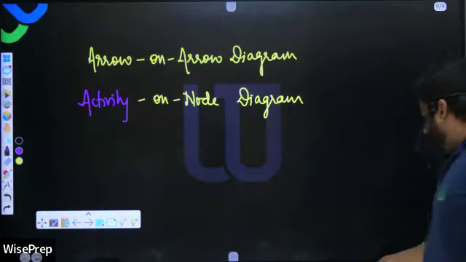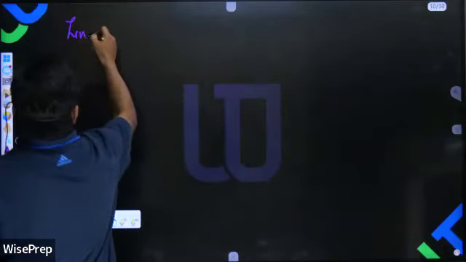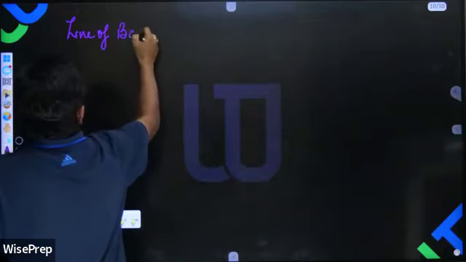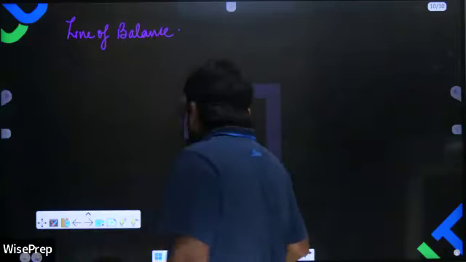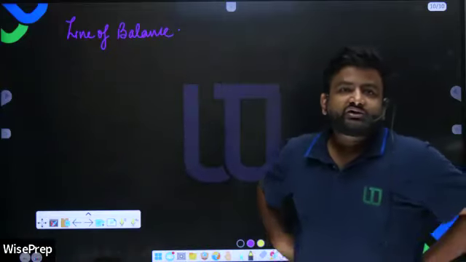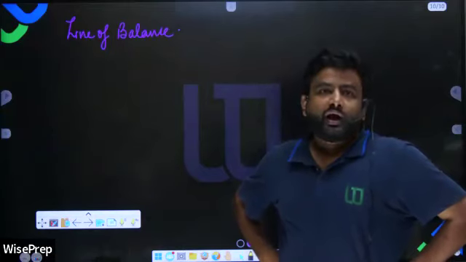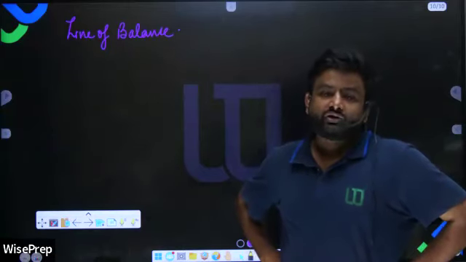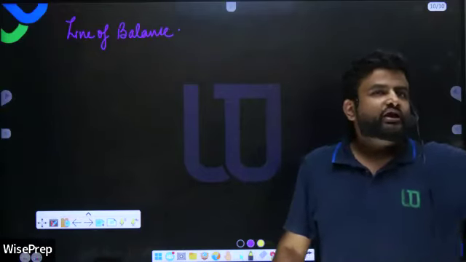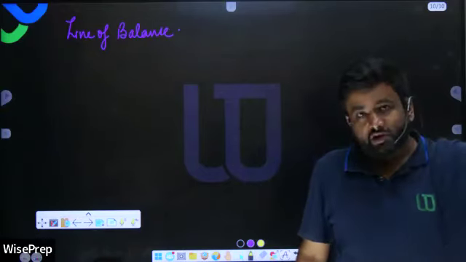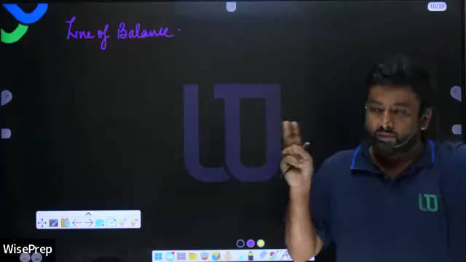Next, write down line of balance. So basically, line of balance is a programming tool. It was invented by the Goodyear company. It was developed for both programming and control of both repetitive as well as non-repetitive projects.